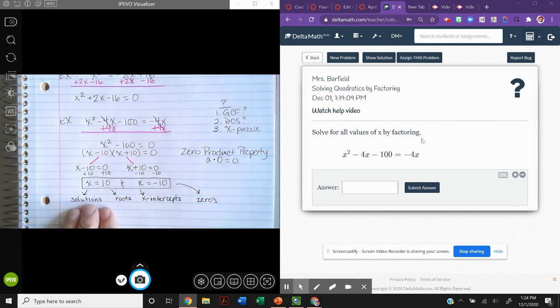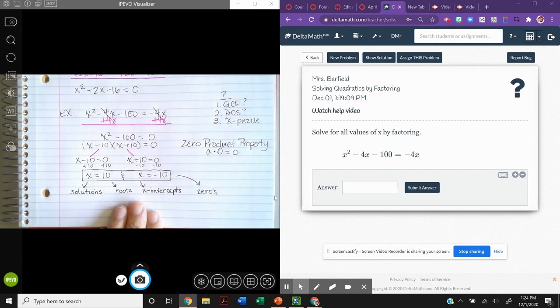When you are typing in your final answer in Delta Math, you're going to type 10, comma. Look what happens when I hit the comma. It gave me a new answer box, and then negative 10. It's because you have two separate answers.